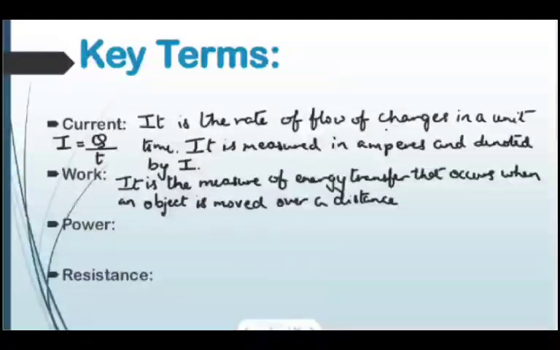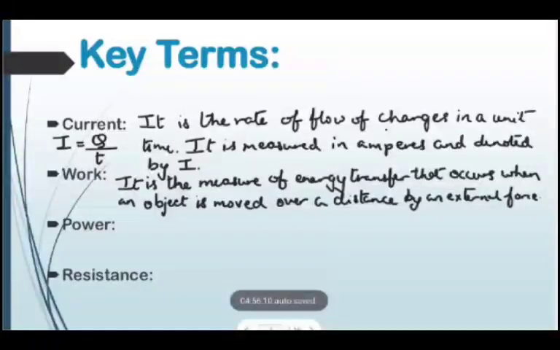So, the electrons moving over a distance is known as the work done by an external force. If an electron is being pushed across a circuit, then it is the amount of work done. There is some work happening.